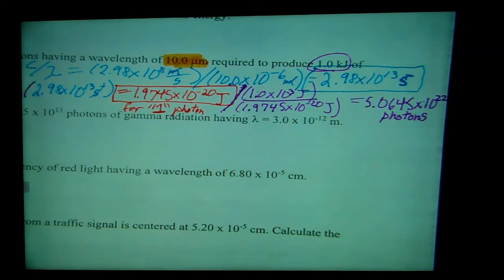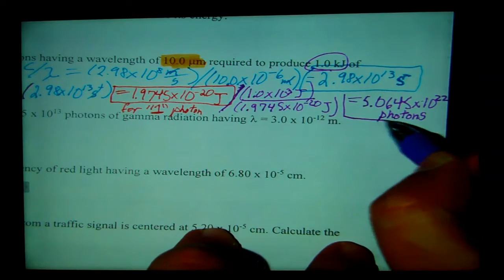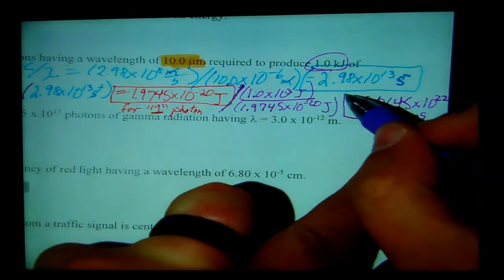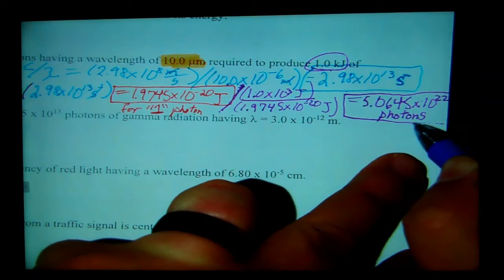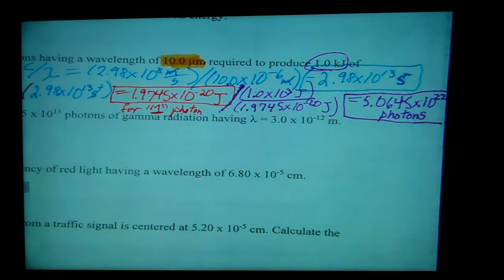Yeah, we'll leave it like that. That's fine. I didn't know if there were abbreviations for photons or anything. Scientists have abbreviations for everything. Some things you just spell out, just like photon.